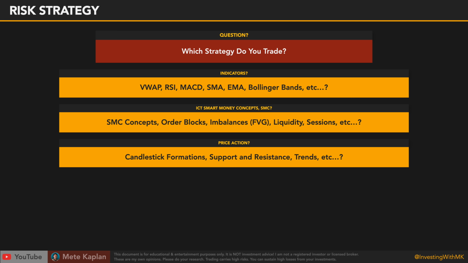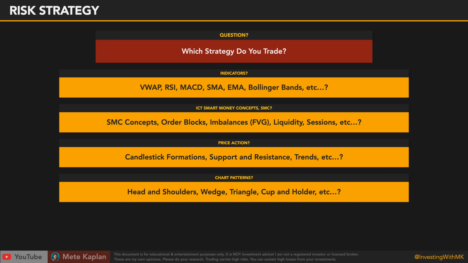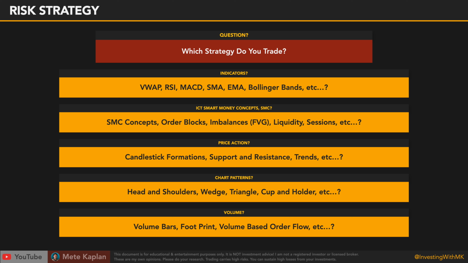Maybe you are a full price action trader only, using trends, support and resistance, or even candlestick formations. You can also be an old school chart pattern trader, like wedge pattern or head and shoulders pattern. Or you are a full volume based trader using footprints and volume bars together. Who knows, you can be any of these traders.